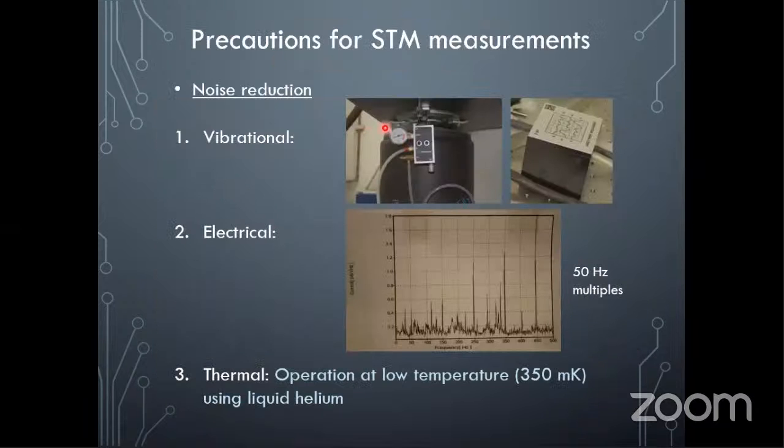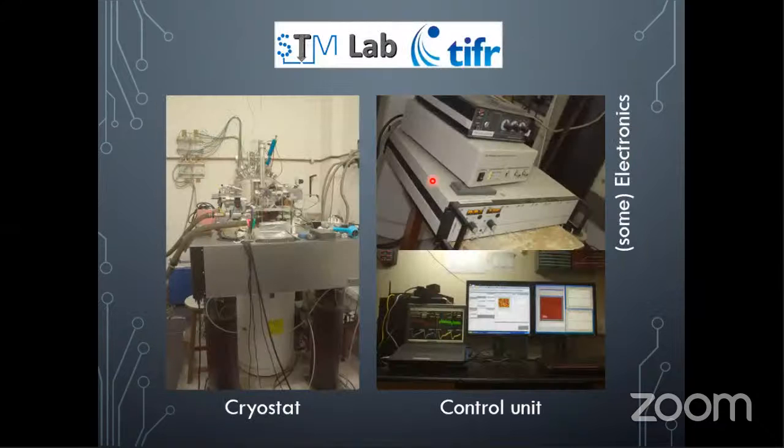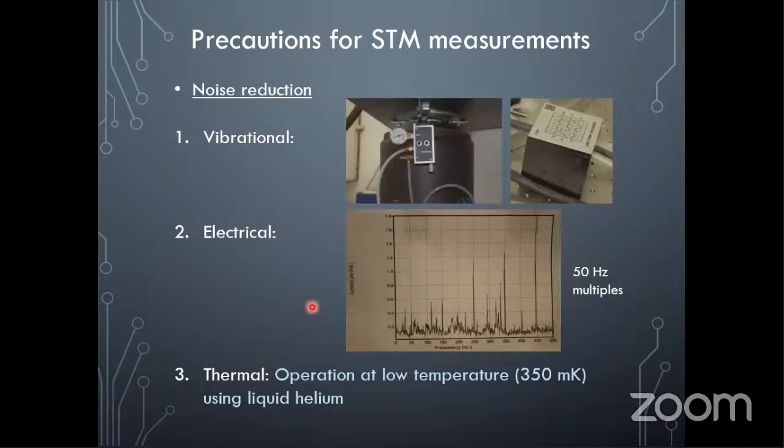One precaution for STM measurement: one enemy of STM is noise. One source of noise is vibrational noise. To reduce vibrational noise, this whole system sits on a vibration isolating table. These 4 legs have vibration isolating air cushions. There could be electrical noise coming from the mains power supply, like 220 volts, which has a 50 hertz noise.